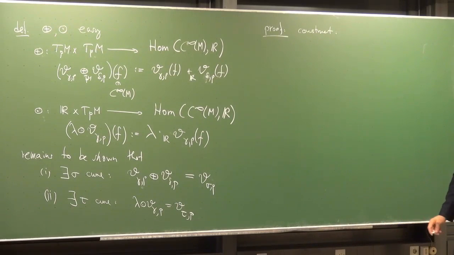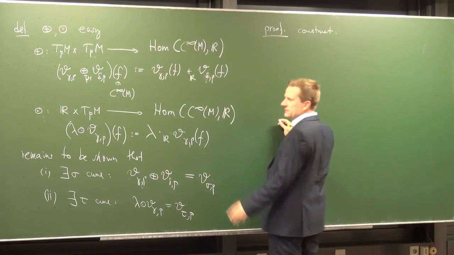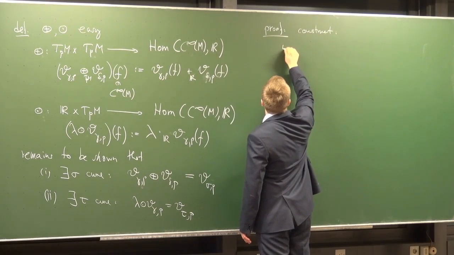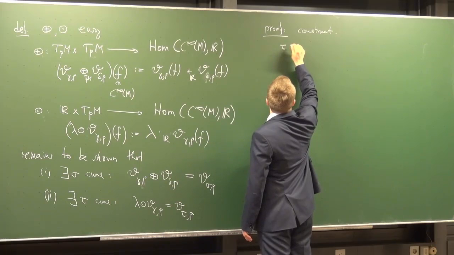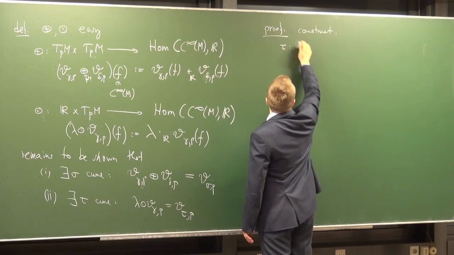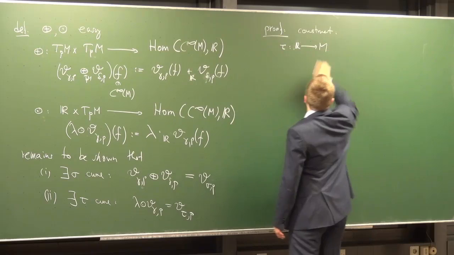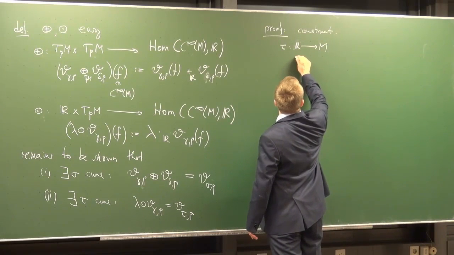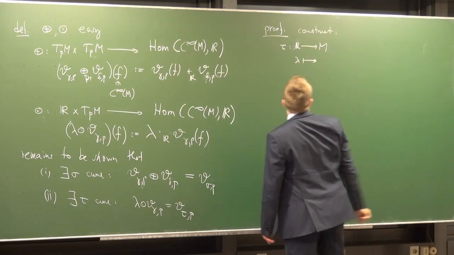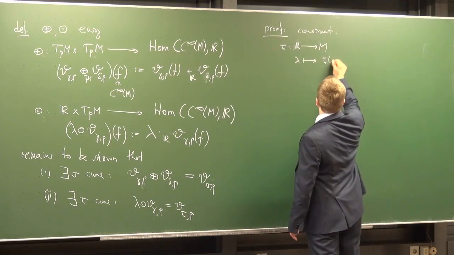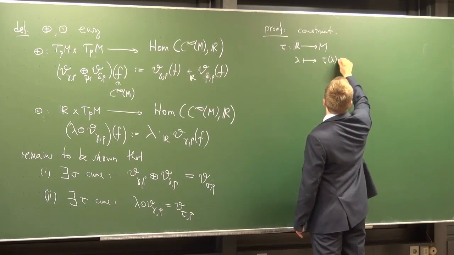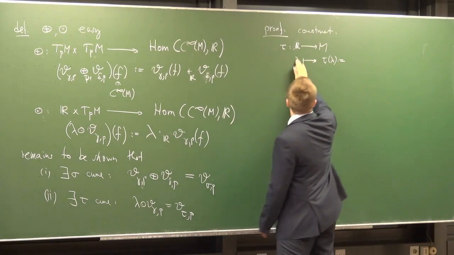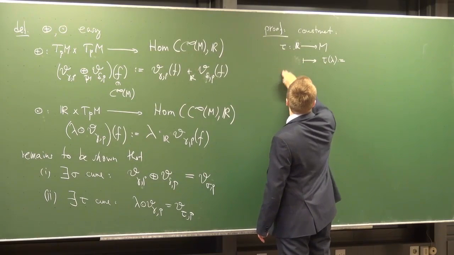Well, by looking at it, it's easiest to just construct. So we define the curve τ as a curve R to M by sending λ to τ(λ), but τ(λ) with λ is a bad choice because I chose λ here. I need to choose a different parameter.